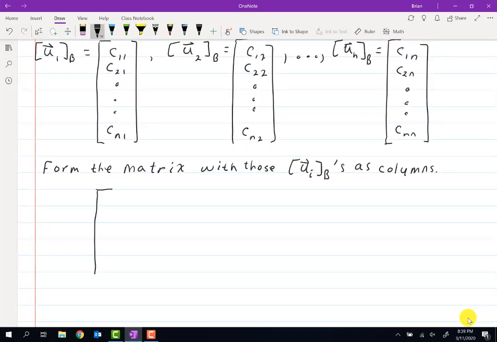We have C11, C21 up to Cn1. Then we have C12, C22 up to Cn2. And then finally, where we end at the last one, we have C1n, C2n up to Cnn.